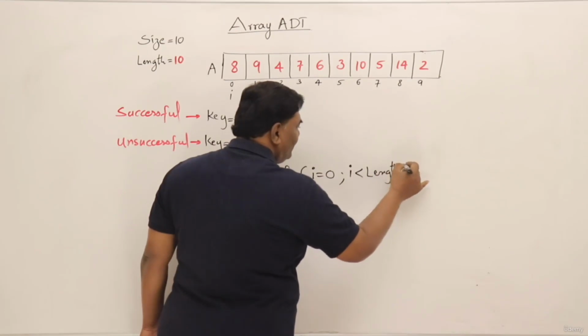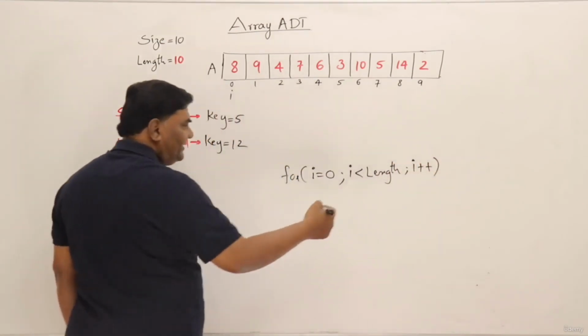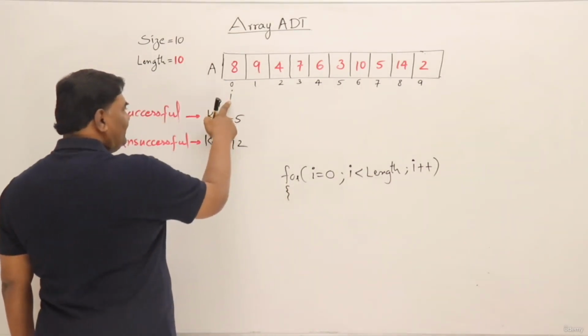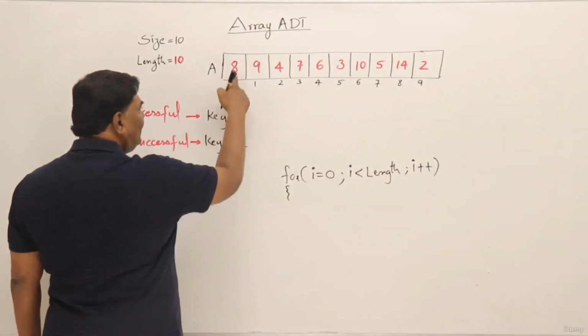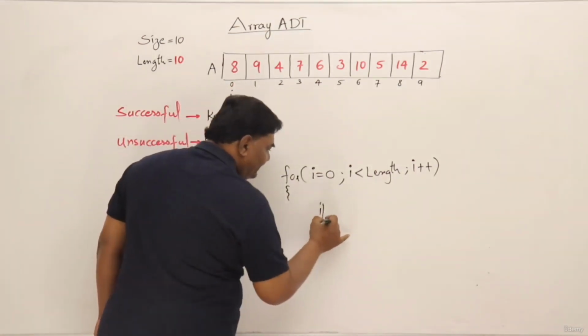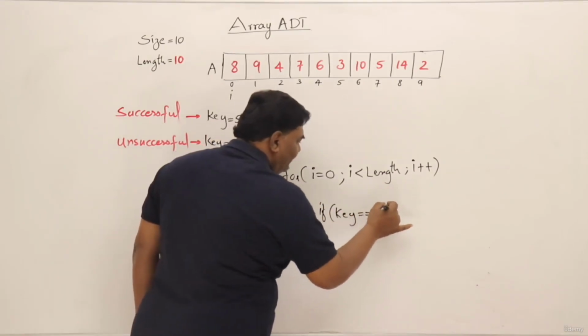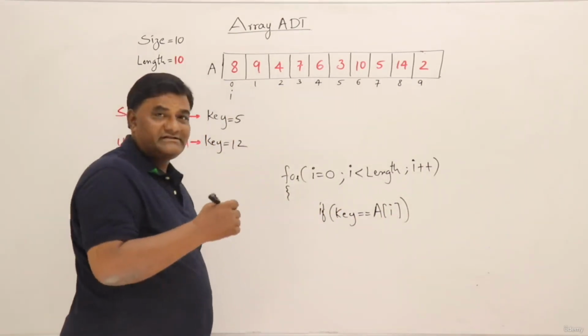So I should traverse the whole length of a list, and every time I should be moving forward. So I plus plus. Then what I have to do? Every time wherever I is, I should check that if the key element is equal to A of I. So if key is equal to A of I, if it is equal, then search is successful.